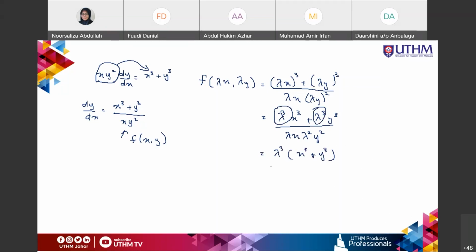Divide by this one is lambda power of 3, right? X y square. Okay. So kalau you tengok dekat sini. Ini sama tak dengan ni? Sama, doktor. Kan?